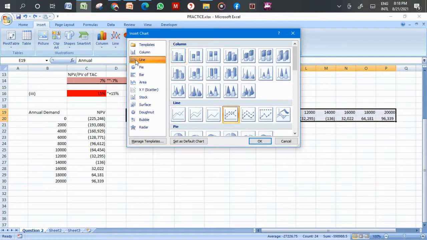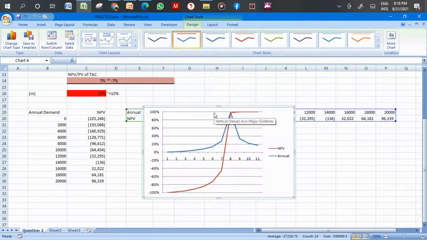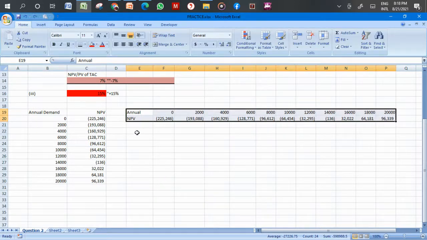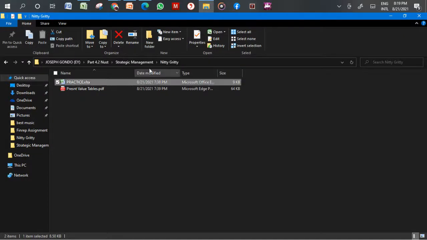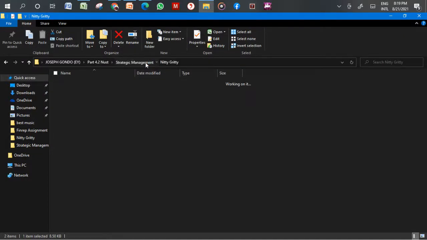We want a line chart. Okay, don't worry. If you have a proper Excel, it should come out. It's just because mine is not. Let me show you how it was.